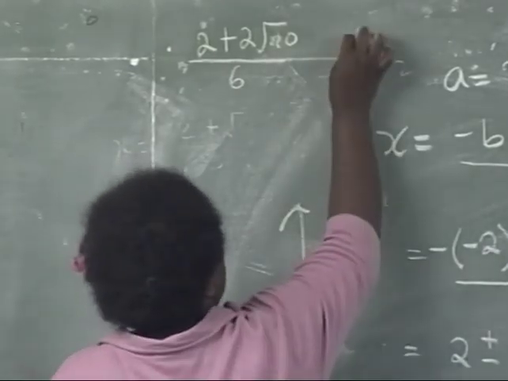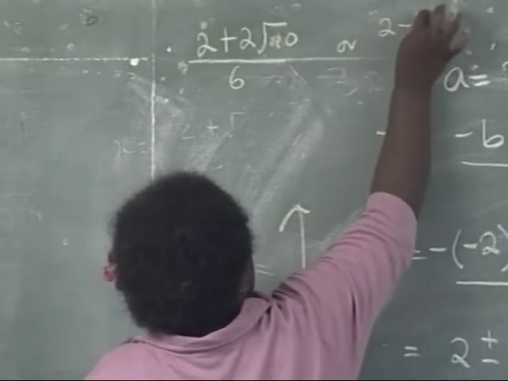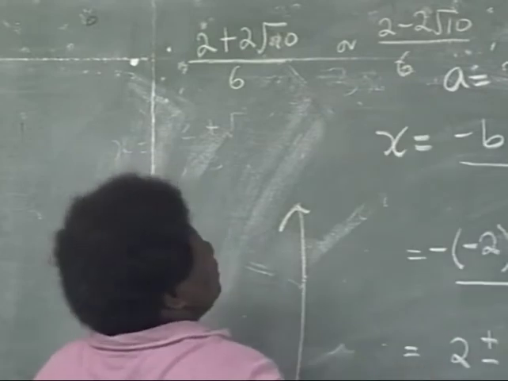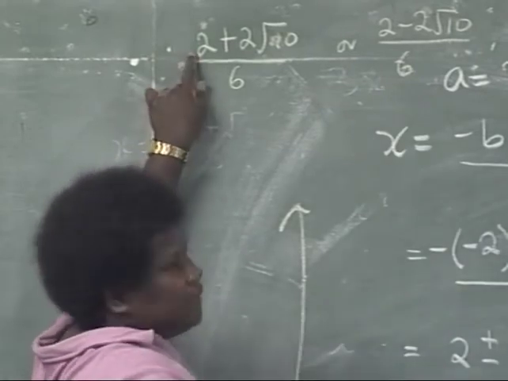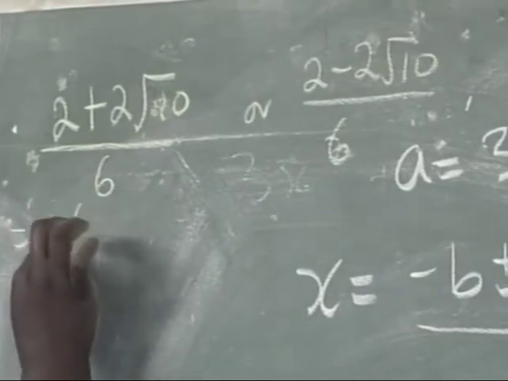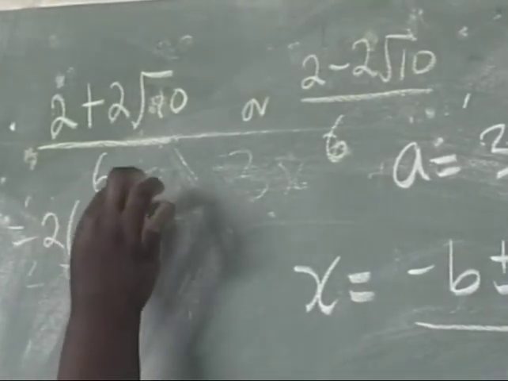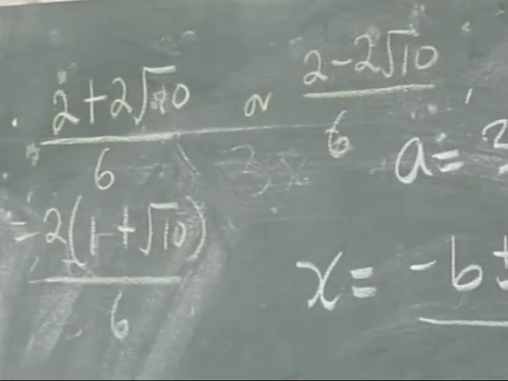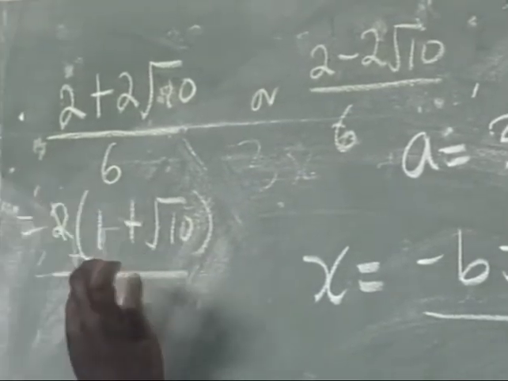The other one is 2 minus 2 root 10 on 6. I can factorize by taking out 2. So I have 2 times 1 plus root 10 on 6. And I can cancel 2 and 6.